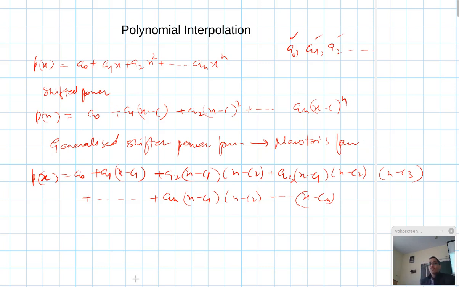But this method is not so good if I want to incorporate every data point.